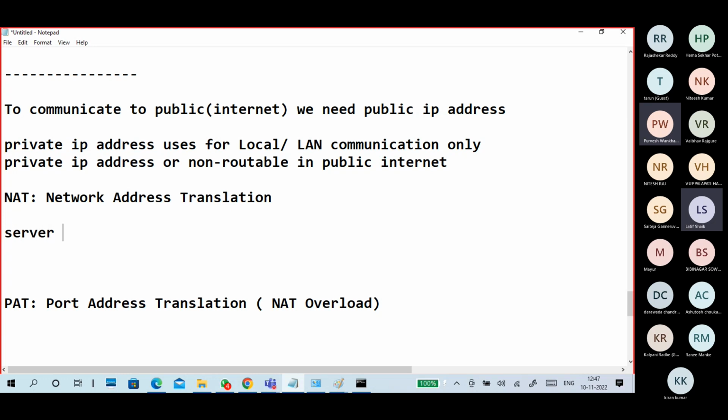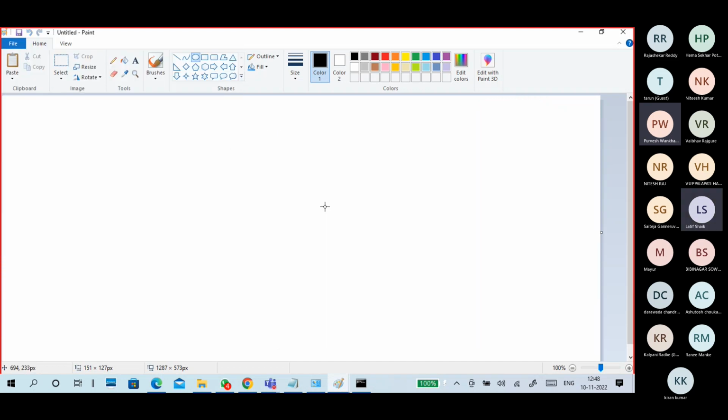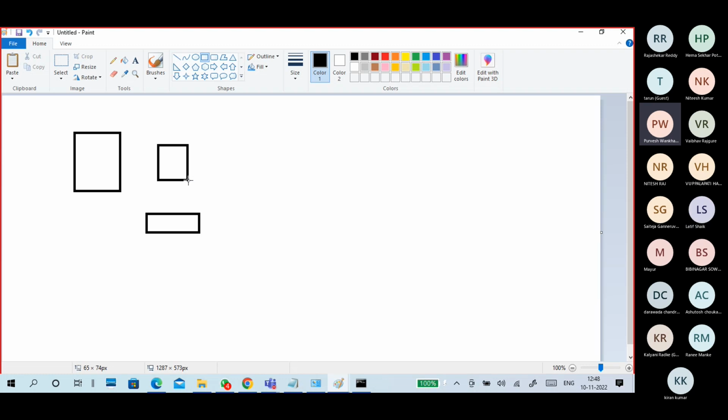For example, you have a server with a private or local IP address. Proper explanation is needed. So you have a server, and this is my network.